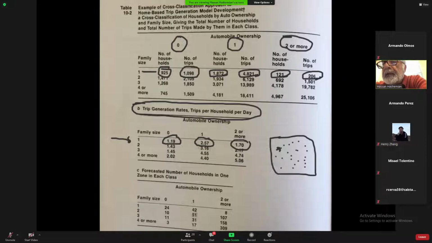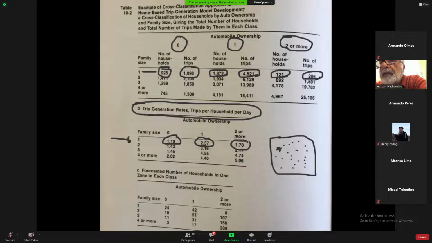Anybody can tell me the reason that why we have lower number? Doesn't matter carpool or not carpool. That's still a trip. Could it be because maybe if you have 2 cars, if one of your cars breaks down, you don't have to make a unnecessary trip to go get it fixed immediately?